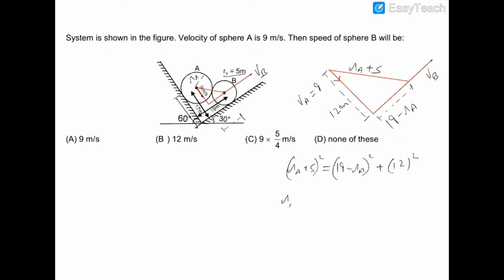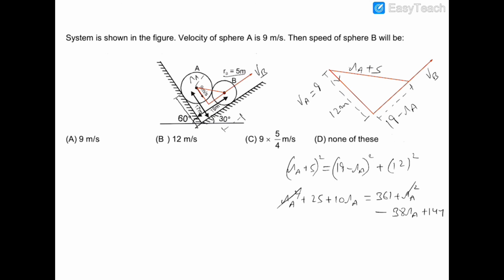So it is RA square plus 25 plus 10 RA. It is equal to the square of 19, which is 361, plus RA square minus 38 RA plus 144.